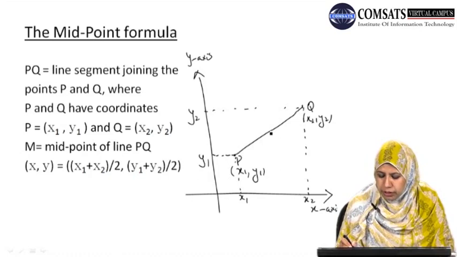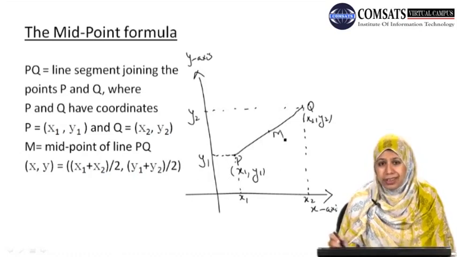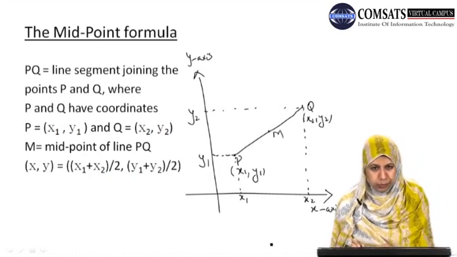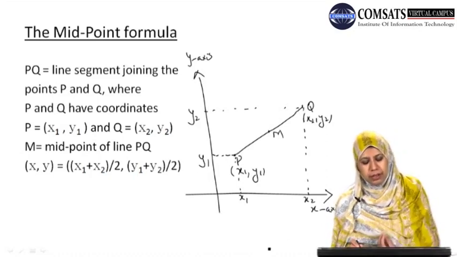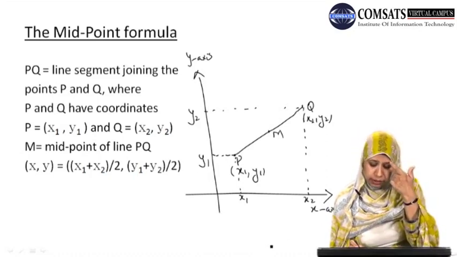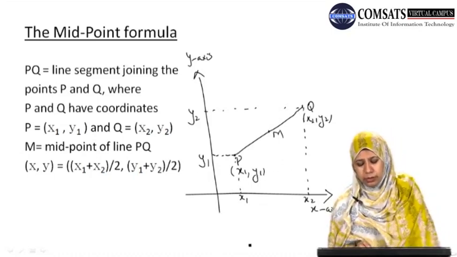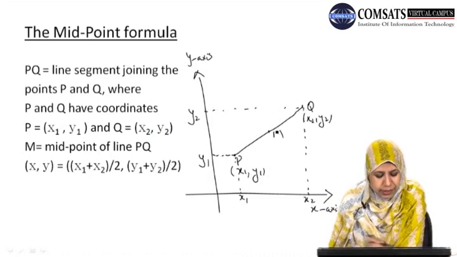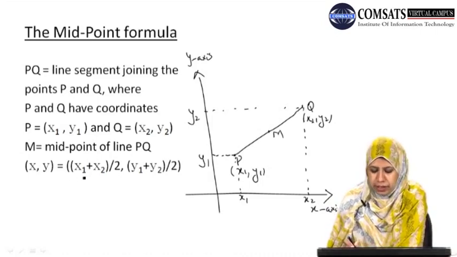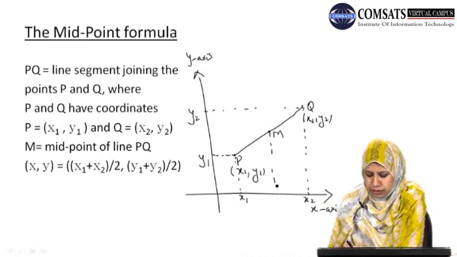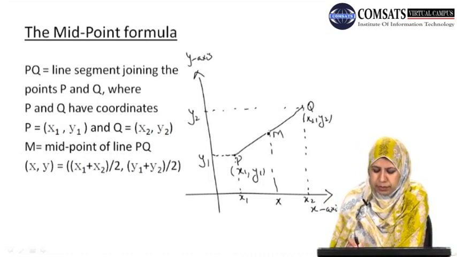So the midpoint M must be located somewhere here in between on the line PQ. So how can we find the midpoint of this line segment having coordinates (x1, y1) and (x2, y2)? So let's say the midpoint has coordinates (x, y). That is, this is some point x and this is some point y.